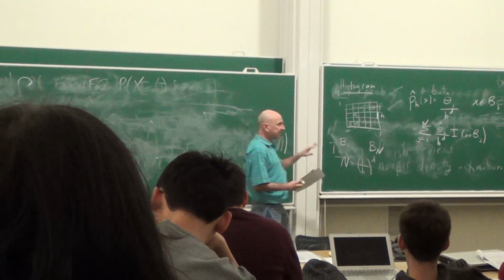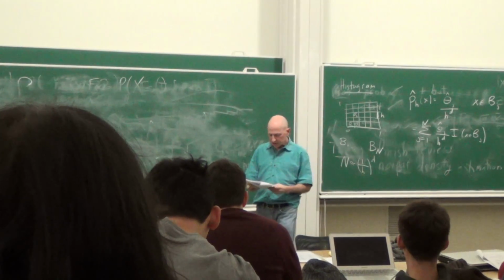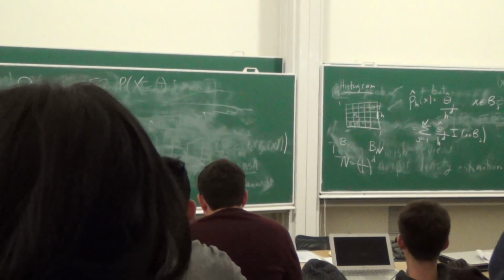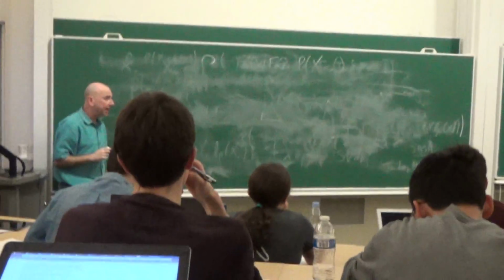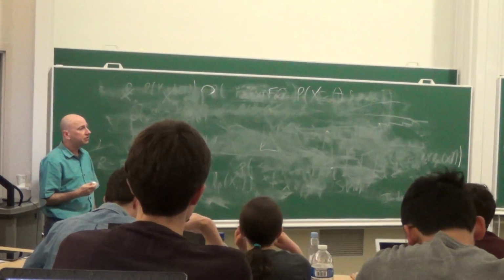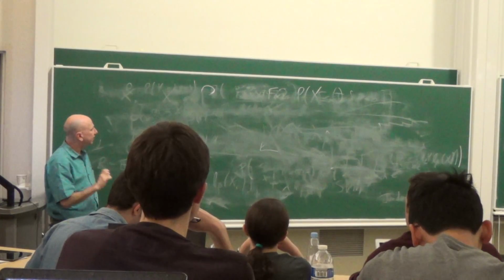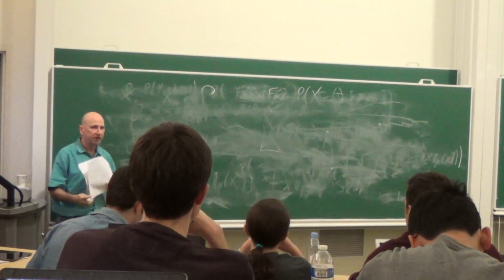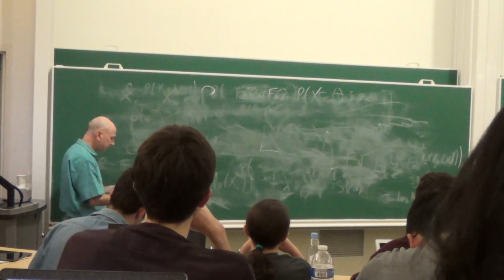But when we want to ask how well it's doing, we have to say with respect to what kind of assumptions. So the assumptions we're going to make for our analysis are the following. As I said, we can't use the set of all density functions. You're not going to get a good estimator if we just assume any density function at all.